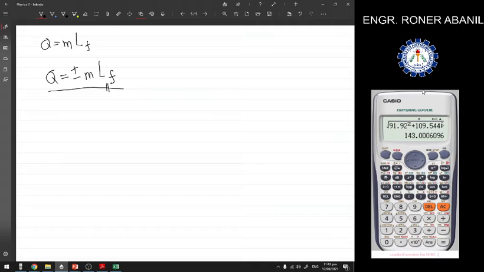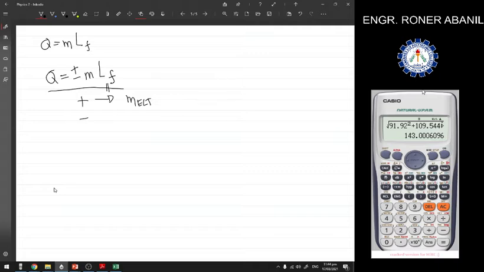Ayan. So, the plus or minus sign is used when the materials melt. So, yung plus sign is ginagamit natin kapag magme-melt tayo ng isang material.